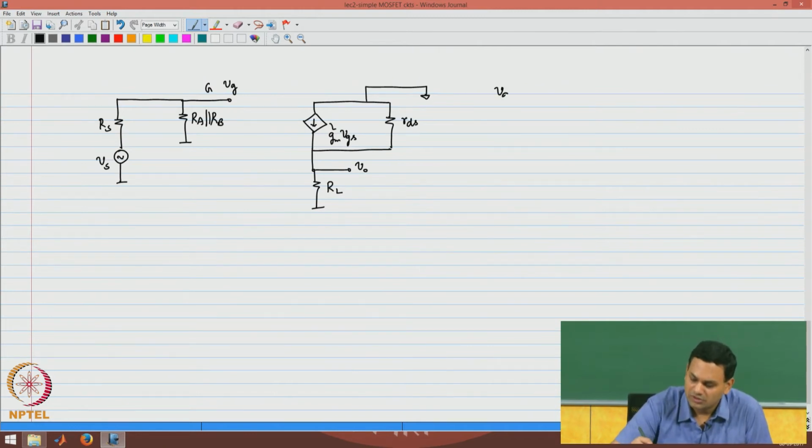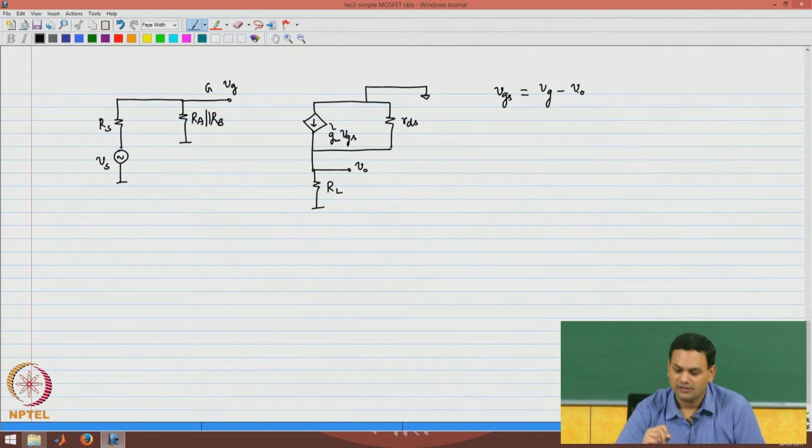Now, we will point out that VGS for the transistor is VG minus VO. So, now we need to figure out what VG is.